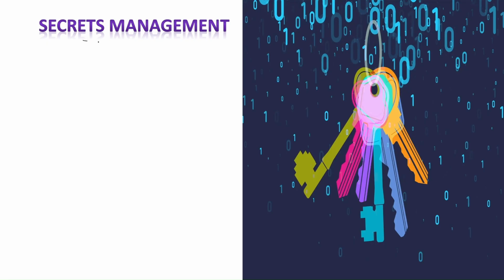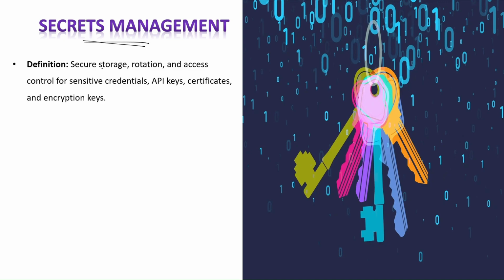So our next topic is secret management. So what is secret management? It is the secure storage, rotation, and access control for sensitive credentials, API keys, certificates, and encryption keys.